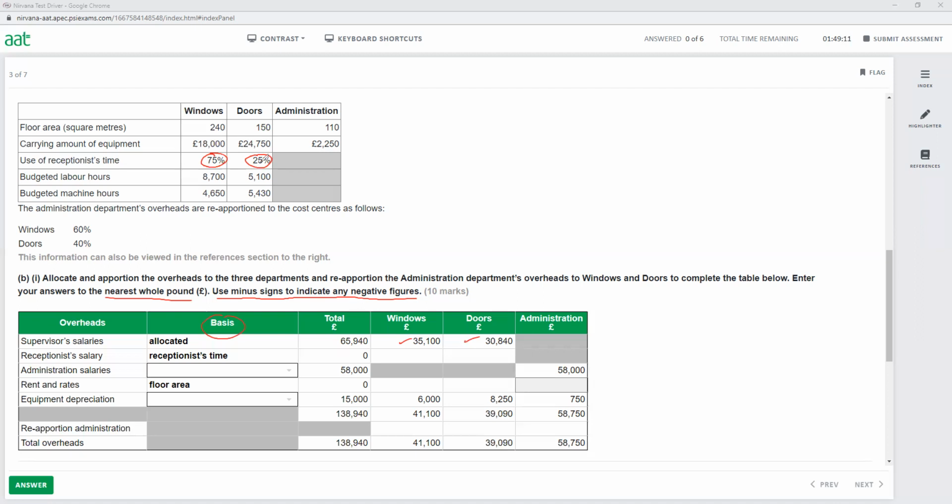So I need to find out how much our total receptionist salary is, and give 75% to the window and 25% to the door. Our total is 18,000, the receptionist salary that we have seen on top. Now 18,000 times 75% goes to the window.